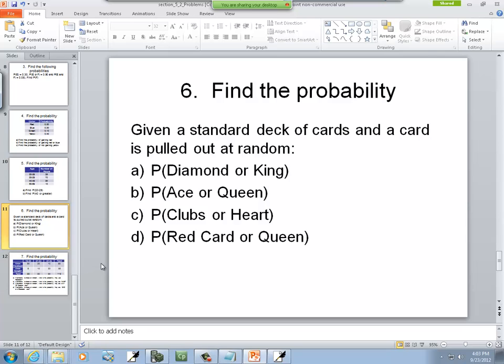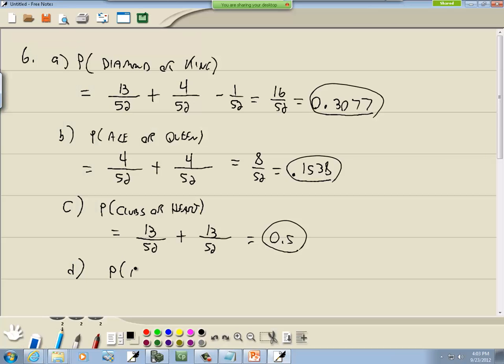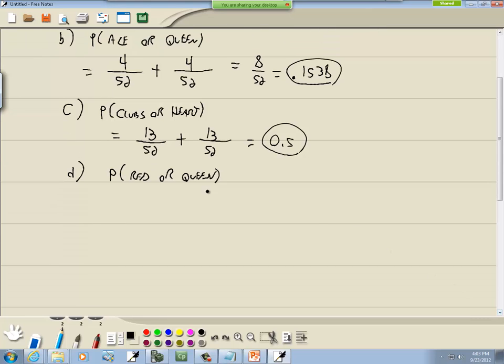And part D, red card or queen. Well, there are 52 cards, and 26 of them are red. There are 52 cards, and 4 of them are queens.